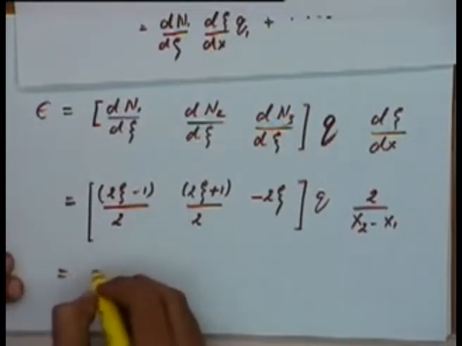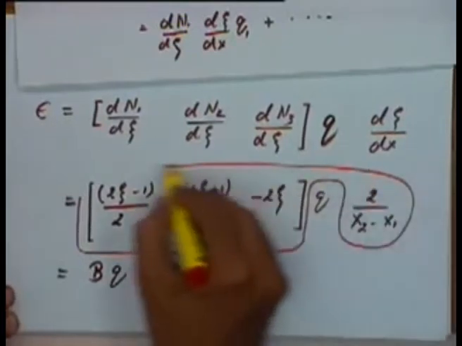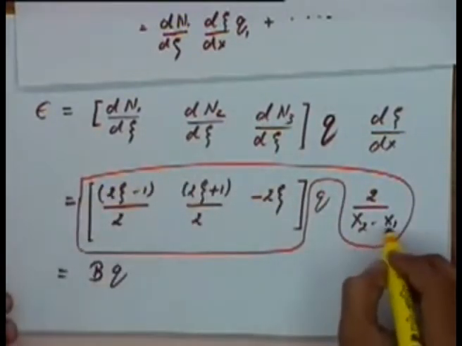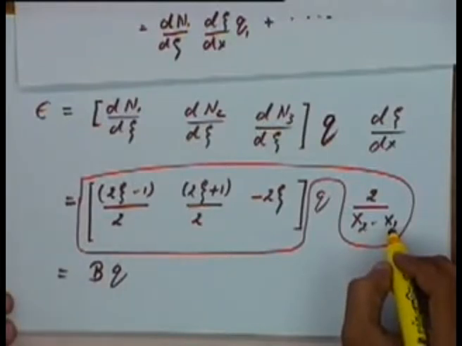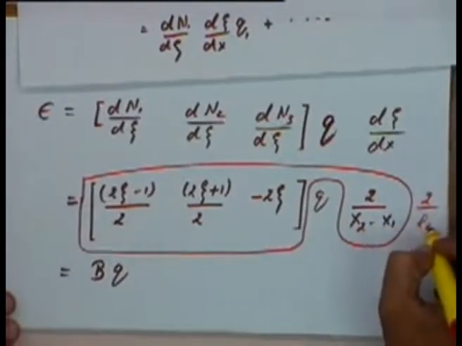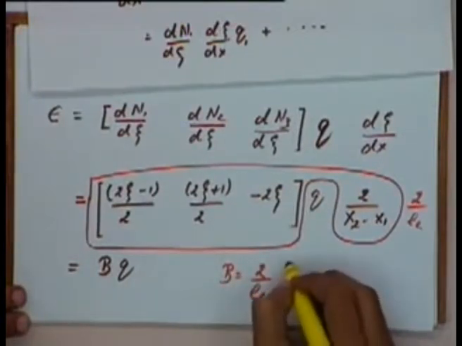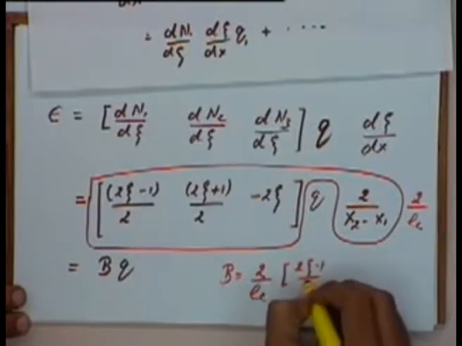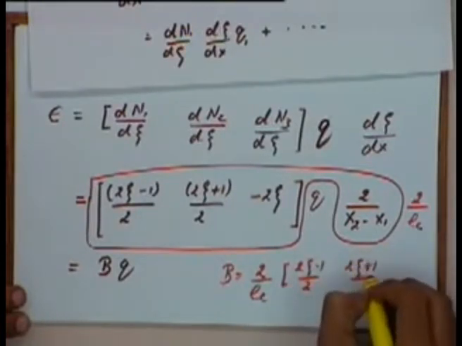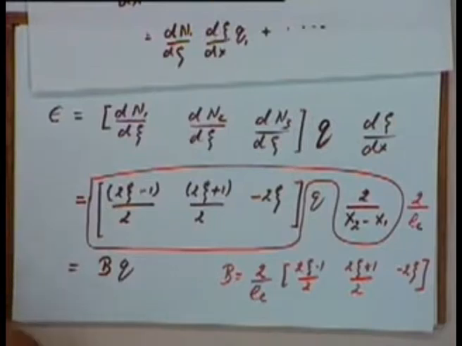So this will be equal to B times q, where B is this matrix multiplied by this constant. x2 minus x1 is nothing but the length of the element, so this will be 2 divided by LE. So B will be equal to 2 divided by LE multiplied by [2 zeta minus 1 by 2, 2 zeta plus 1 by 2, and minus 2 zeta].